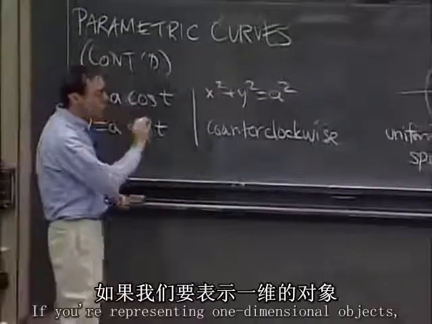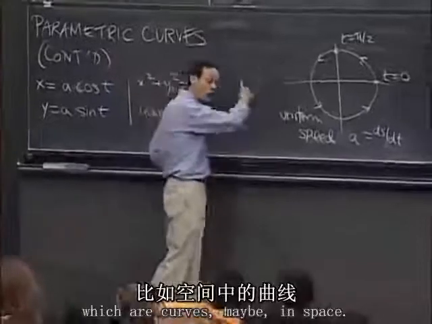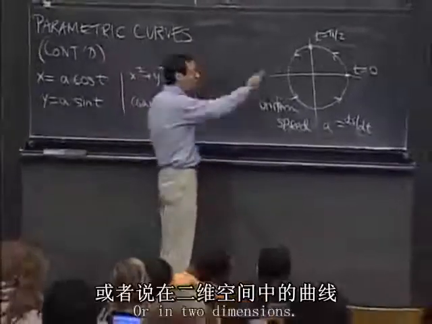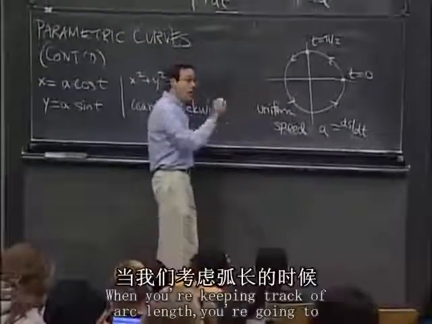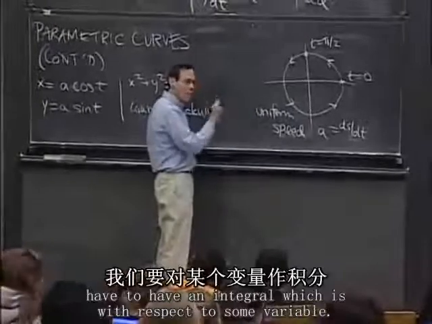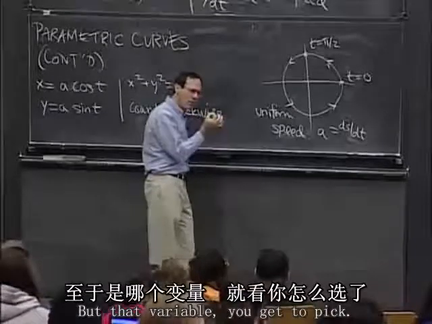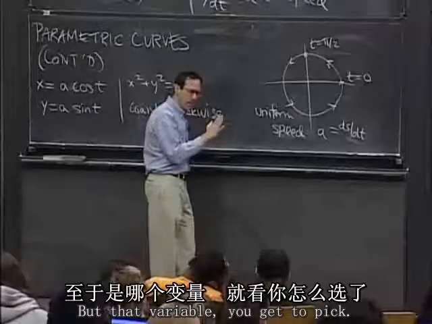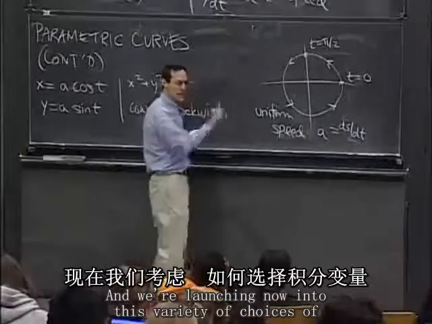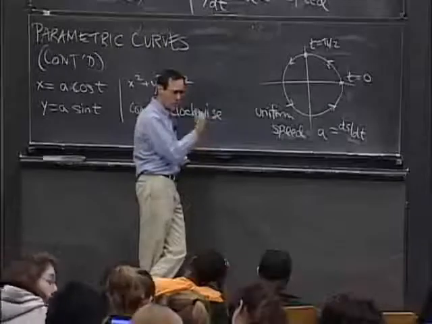If you're representing one-dimensional objects, which are curves maybe in space or in 2 dimensions, when you're keeping track of arc length, you're going to have an integral with respect to some variable. But that variable you get to pick. We're launching now into this variety of choices of variables with respect to which you can represent something.